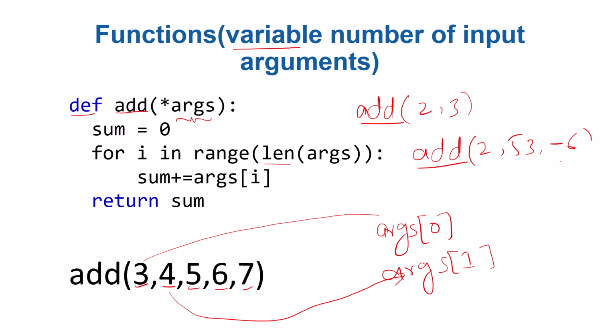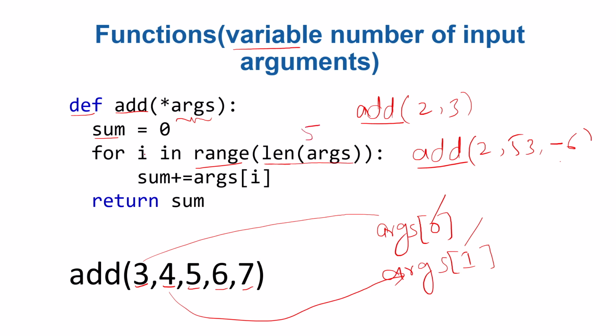No matter how many arguments you pass, args will receive them one by one, and all the elements in args will be indexed by 0, 1, 2, starting from 0 until the length of args. For example, here, sum equals 0. Let's say we want to add all these. For i in range, and inside range, we give the length of args. For this example, 1, 2, 3, 4, 5, the length of args is 5.